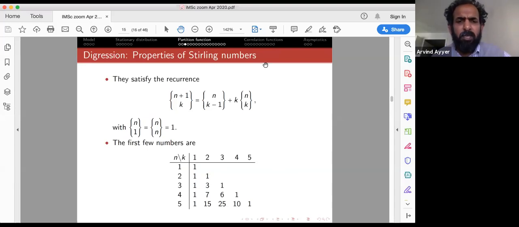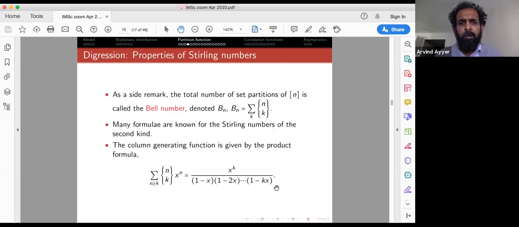They satisfy an easy recurrence. One can check, and just to give you some data, here are the first few numbers. I should say unlike the binomial coefficient, there's no simple formula. There's nothing straightforward. Also, just to make a remark, the total number of set partitions is called the Bell number, and it's denoted B sub n.